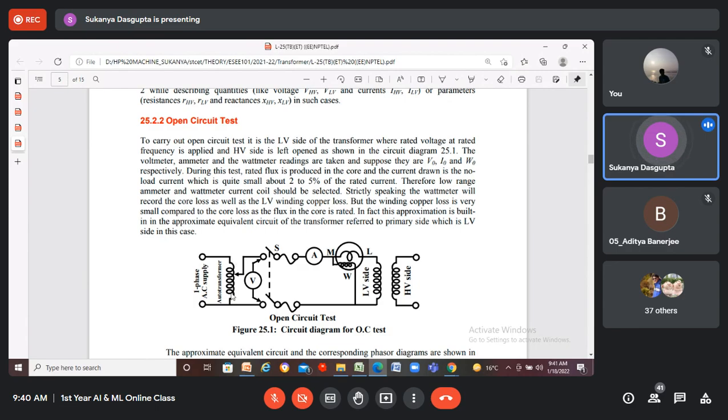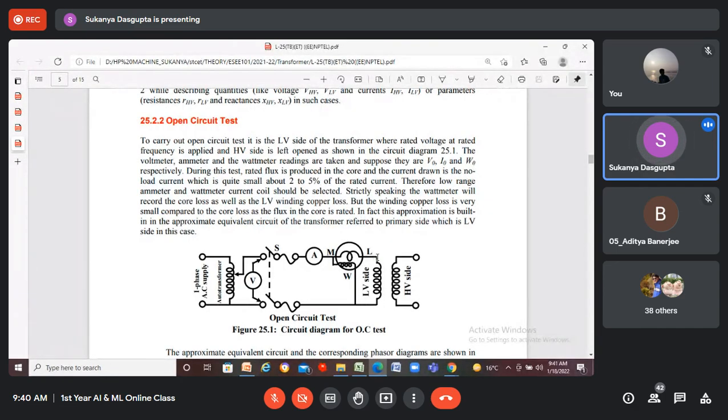It is required to vary the supply AC voltage only. Across the variac, a voltmeter is connected to measure the supply voltage. These two are fuses. The supply mains are then connected in series with an ammeter to measure the supply current and a wattmeter in series with the primary winding of the transformer.